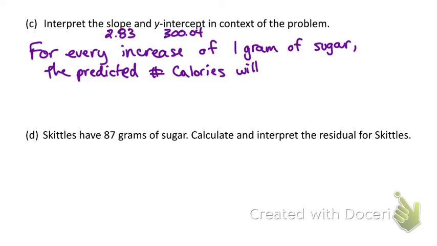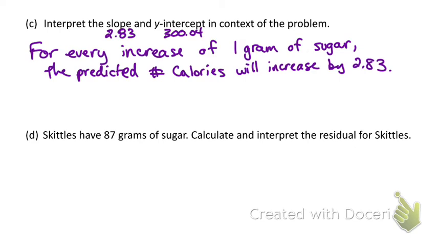Will it increase or decrease? It will increase. How'd you know that? Because it's a positive slope. Will increase by 2.83. You guys, that's not so bad. 1 gram of sugar is 2.83 calories. I mean, that's nothing. They add up quickly, but still, it's fine.